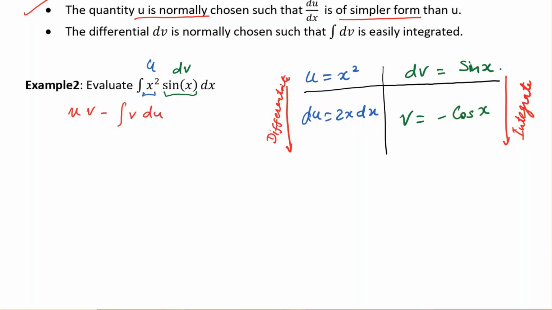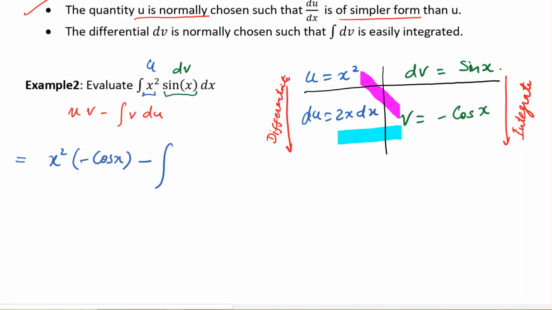Putting in the values of our integration by parts formula, we do u times v minus integral of v du. U times v means x squared times negative cosine x, minus integral of v, which is negative cosine x, times 2x dx.